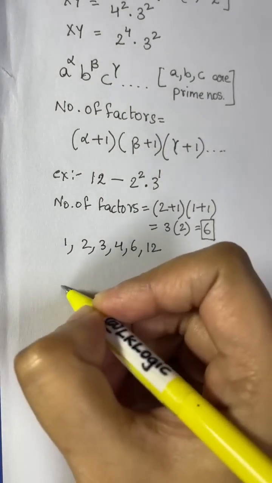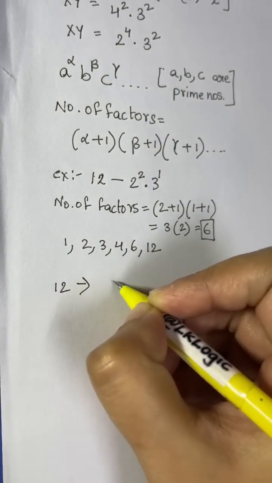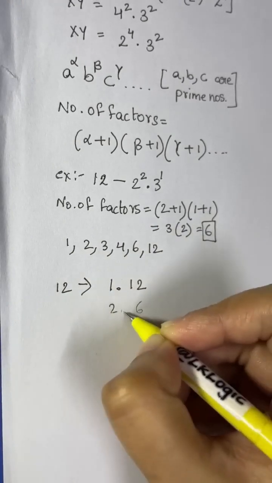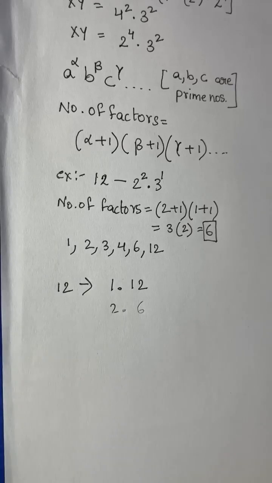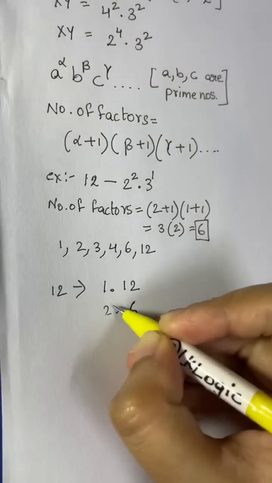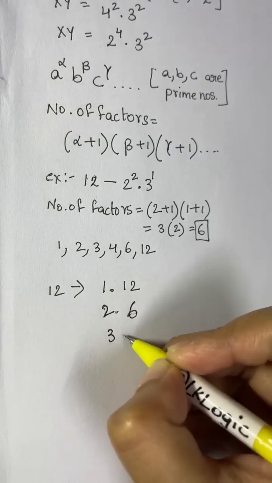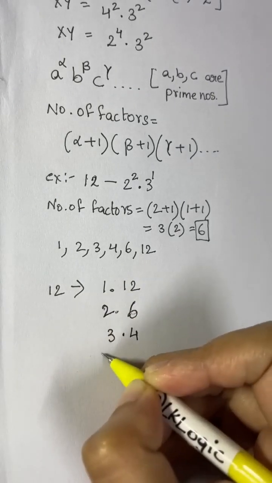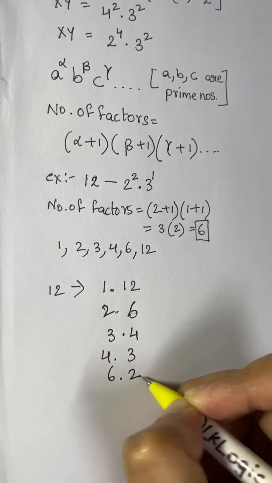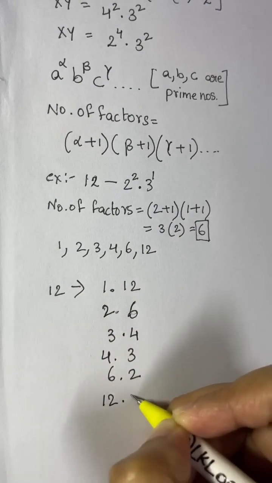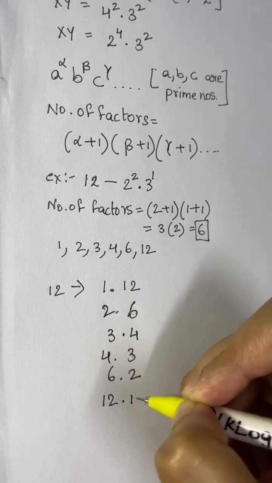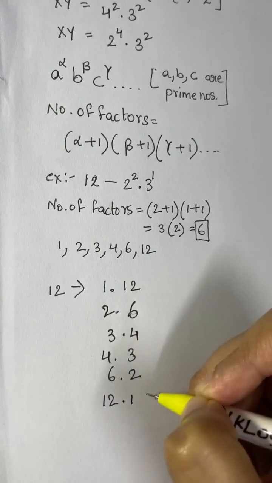For 12, you can write it as 1 times 12, 2 times 6, 3 times 4, 4 times 3, 6 times 2 and 12 times 1. So all the 6 different ways: 1, 2, 3, 4, 5, 6. So you can write the factors in 6 different ways.